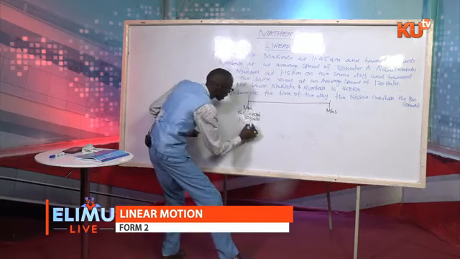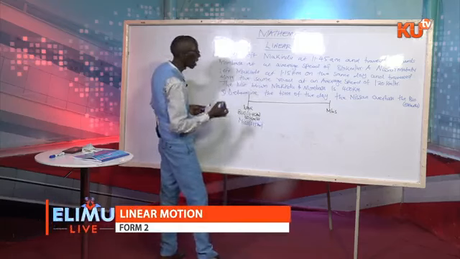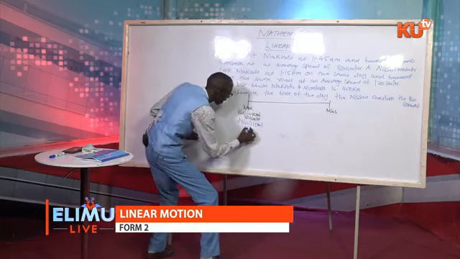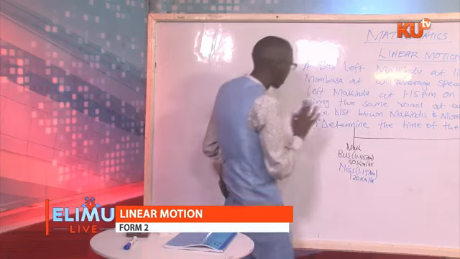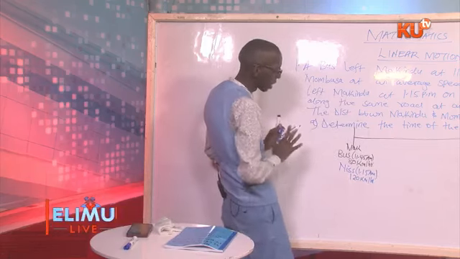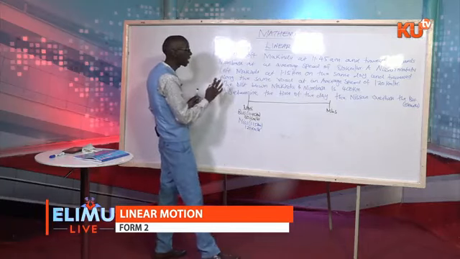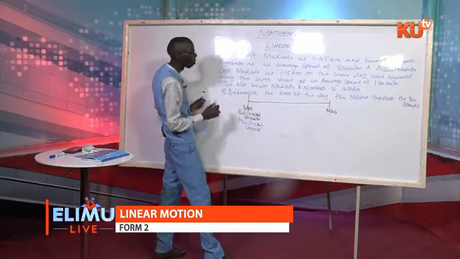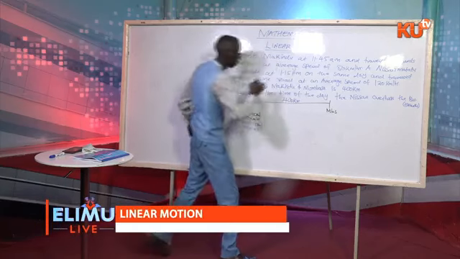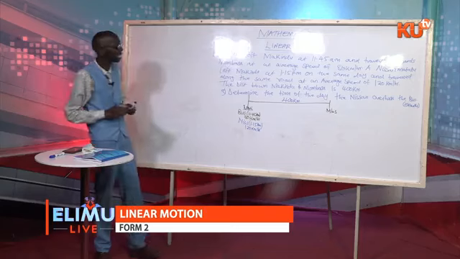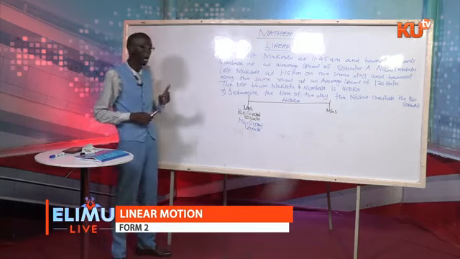Left at 1:15 p.m. at an average speed of 120 kilometers per hour. Now, my dear student, this is how you should arrange your work for easier calculation. The distance between Makindo and Mombasa is 400 kilometers. Determine the time of the day the Nissan overtook the bus.